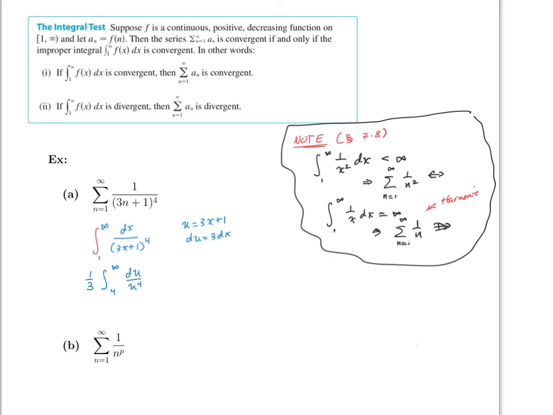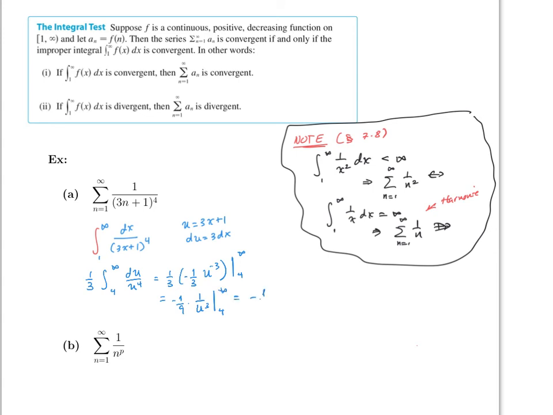Then if we integrate this, we get 1/3 times negative 1/3 u to the minus 3 from 4 to infinity. This is equal to minus 1/9 times 1 over u cubed from 4 to infinity.